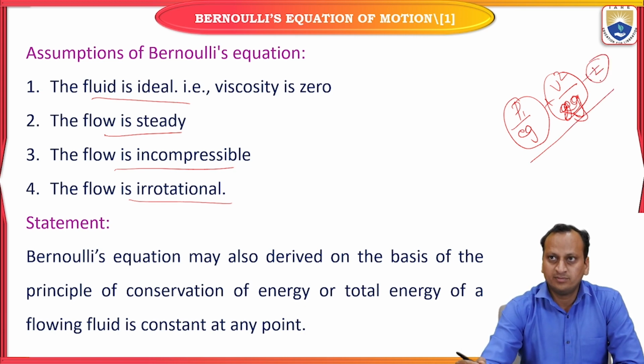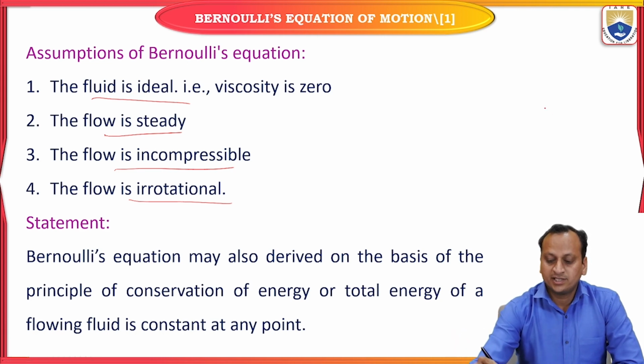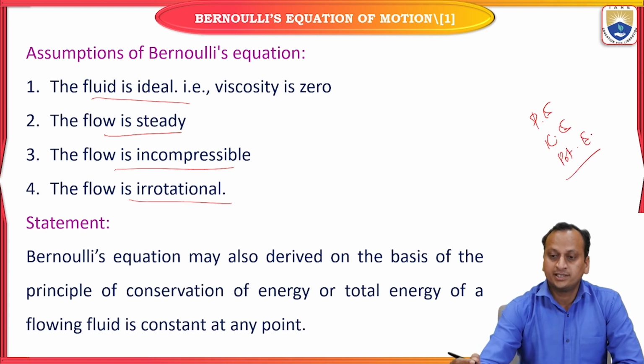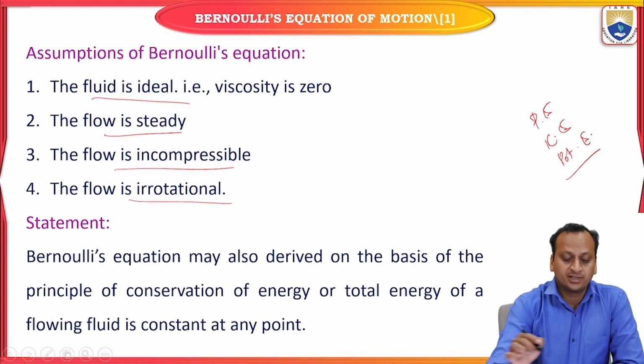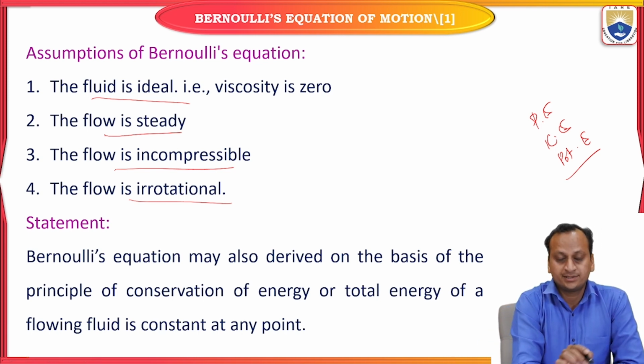The total energy remains constant at a given point. So these three energies, the pressure energy, kinetic energy, and potential energy, remain constant at any given point for the given assumptions.